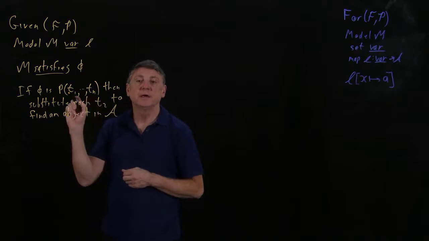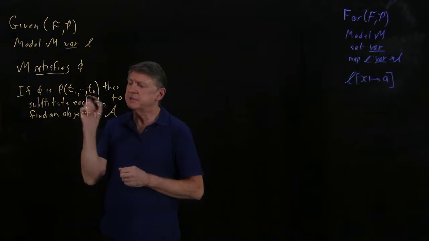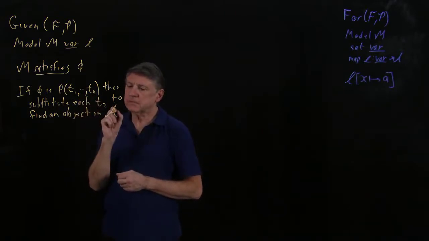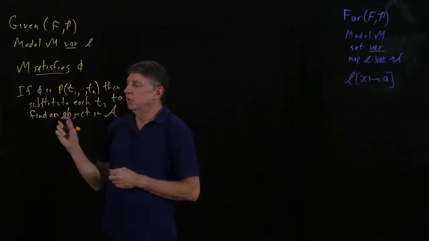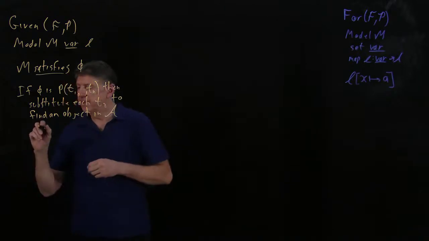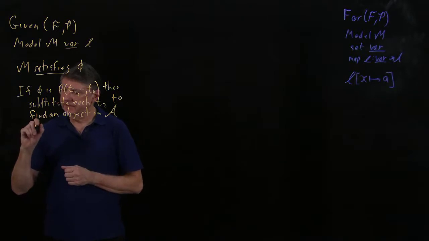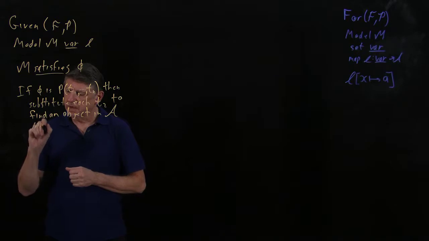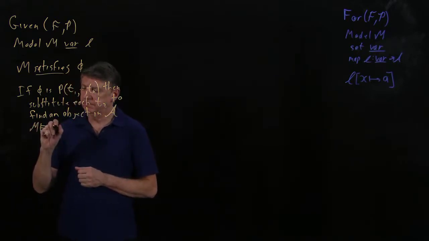So these terms may be functions, and we may have to evaluate a number of functions, and eventually we arrive at an object that's in our universe of discourse, and we then say that the model, and we write this as satisfies, using the lookup table, this predicate.